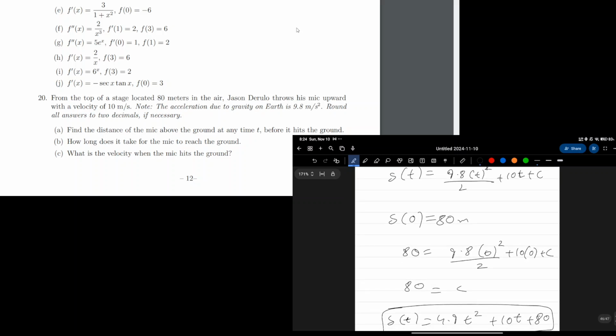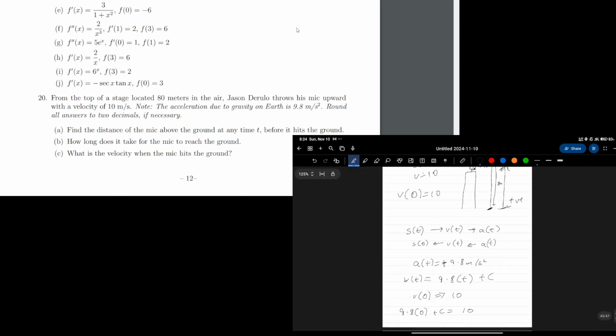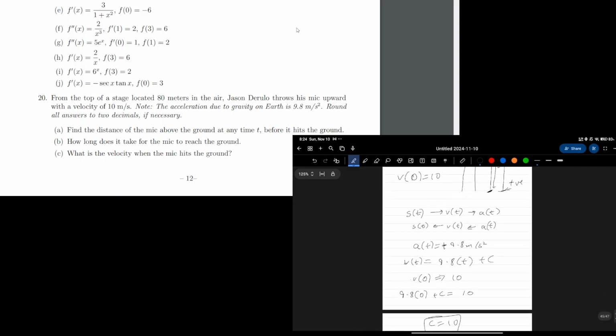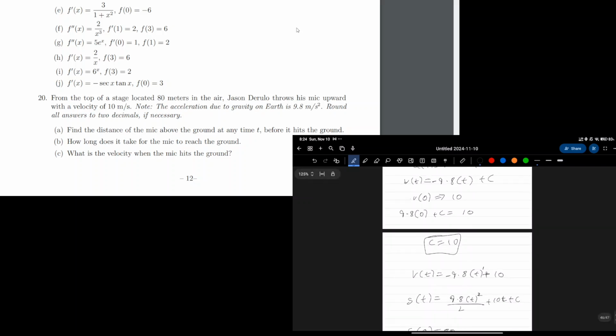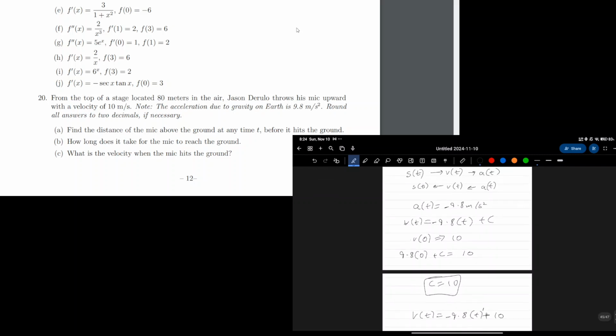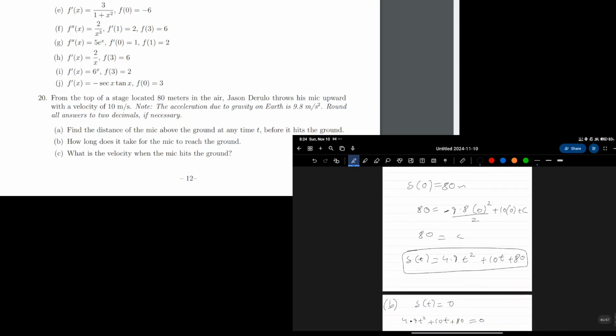Minus 4.9 t squared. Why is it minus? Oh, it had to be negative. There you go. That's why you should take it negative. Okay, take this negative, everybody. This becomes negative over here, and this just becomes negative 4.9 t squared.